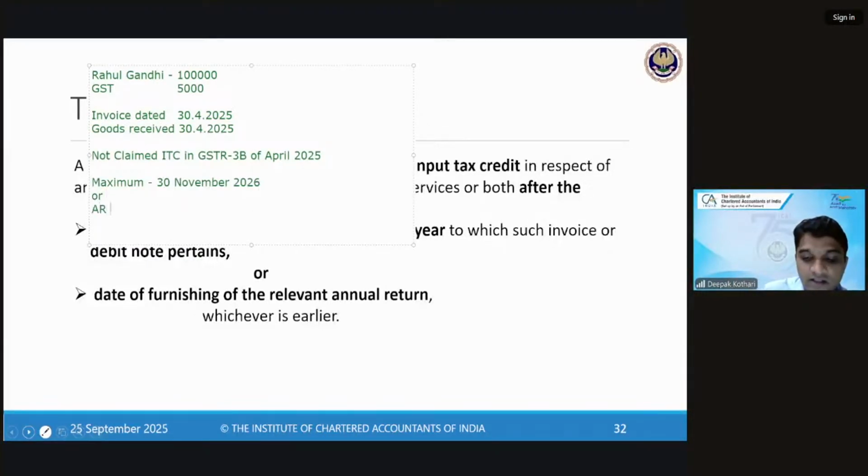Say your annual return, AR is annual return, you filed it on 30th December. So 30th November or 30th December, whichever is earlier. So 30th November is earlier, so you can claim by 30th November. But say your annual return was a bit urgent and you filed it on 30th September itself, so in that case you can claim this credit by maximum 30th September.